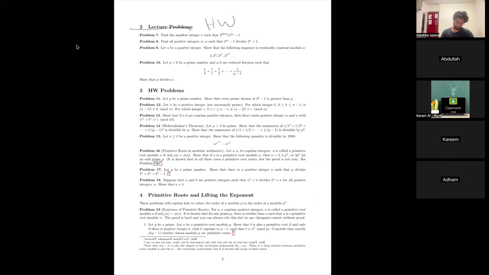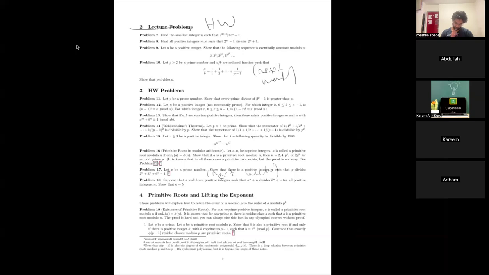Here's what I'll say about the homework. Problems 7 and 8 are basically the same ideas we've been using. Problem 9 is also very similar. For problem 10, you need some kind of new idea, so I will cover problem 10 next week. Problem 17 will also be next week.